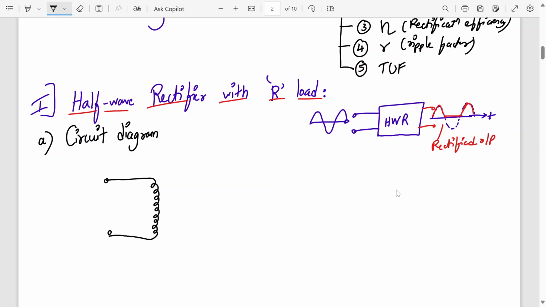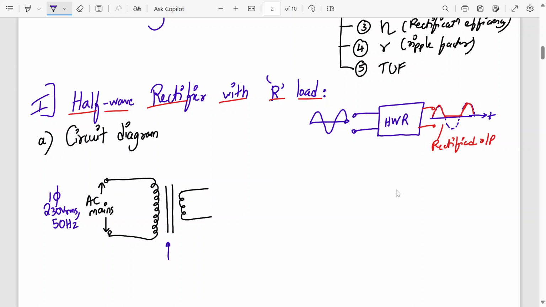This is your transformer primary winding, and there you have your secondary winding of the transformer. Let me show it to you. First, this is AC mains. What are the specifications of AC mains? It's single phase, it's 230 volts RMS, and it's 50 hertz. These are the specs.